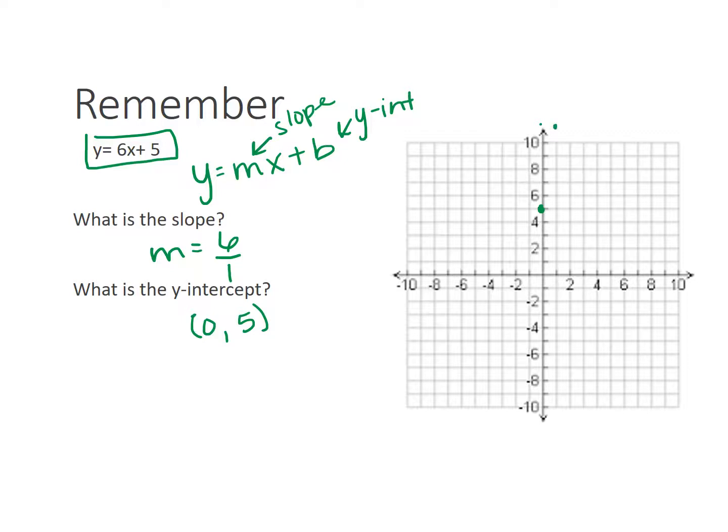I could also go down 6 to the left 1: 1, 2, 3, 4, 5, 6, and go this way 1, if I just wanted some other points to make sure my line was more straight. And again, to make this line, we just connect all of those points and make sure I draw arrows on the end there. Okay, so remember, this is what we talked about last class.